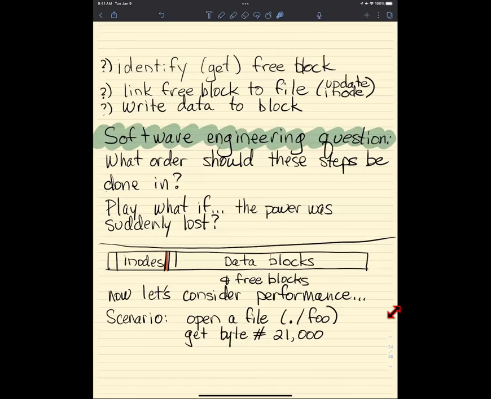But the swap space is not part of a file system. So Blake, your answer is kind of okay, but at the end of the day, not exactly right.